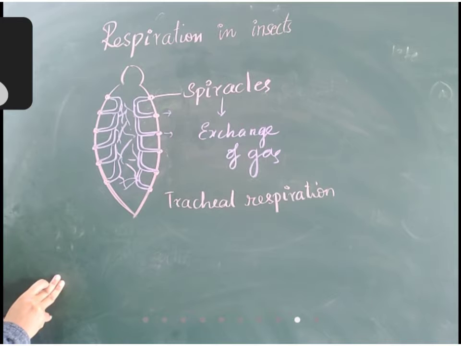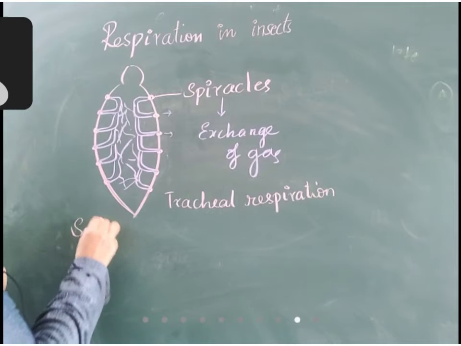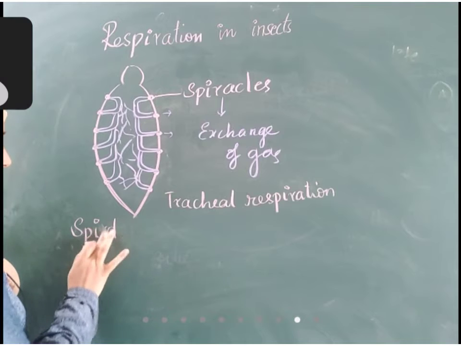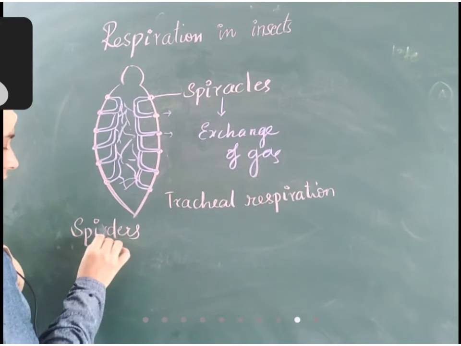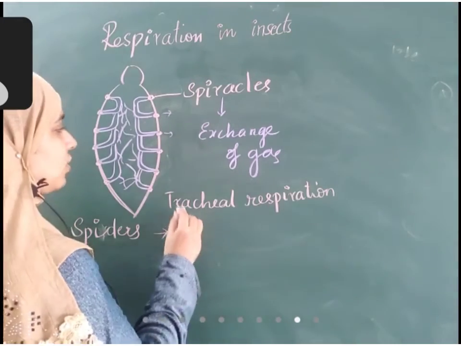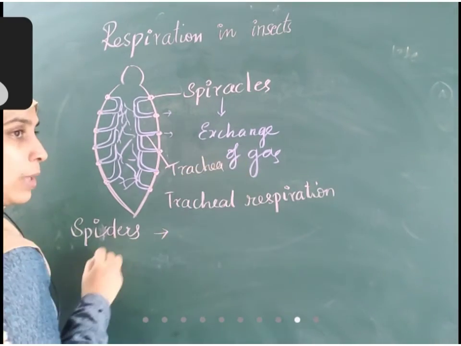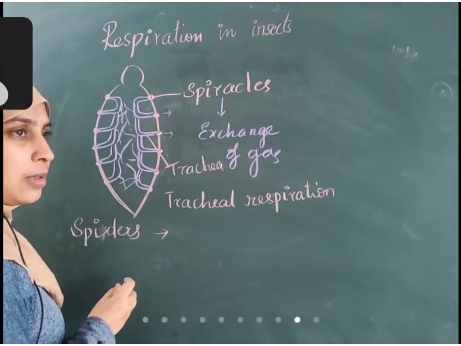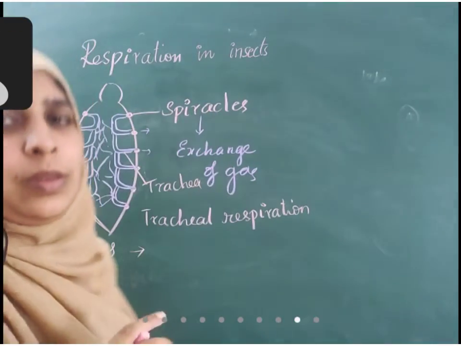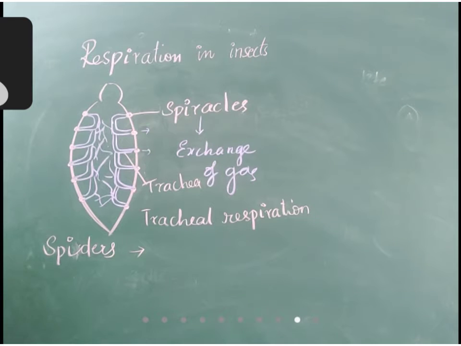But in some organisms like spider, instead of these tube-like trachea, there are sheet-like structures.